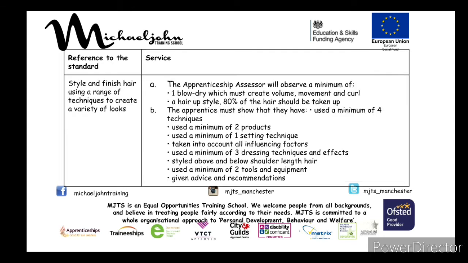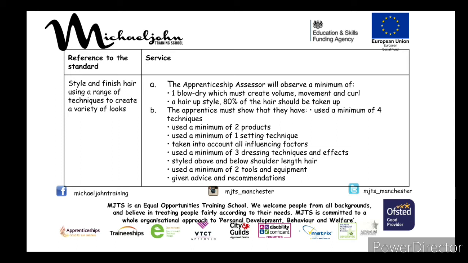We move on to style and finish hair using a range of techniques to create a variety of looks. So the apprenticeship assessor will observe a minimum of 1 blow dry, which must create volume, movement, and curl, and also a hair up style. 80% of the hair should be taken up.